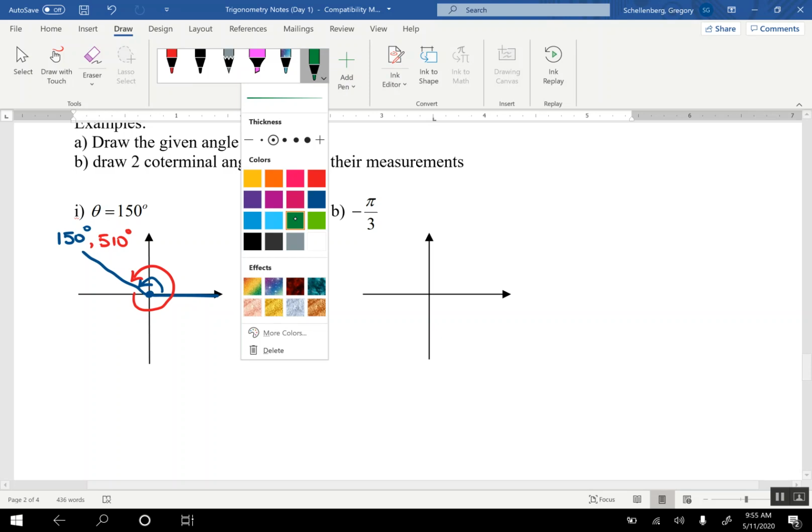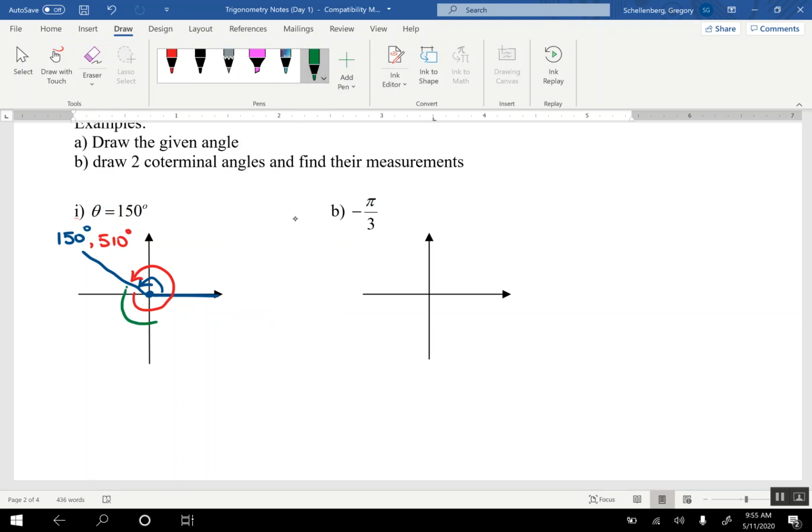Let's go one more. We need to find 2 coterminal angles. If we continue to rotate another 360 degrees, we end up back in the same standard position. Add another 360 to 510, we have 870 degrees, and all 3 of those angles are coterminal with each other.